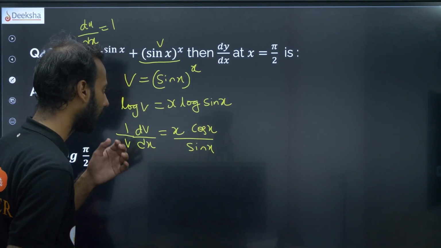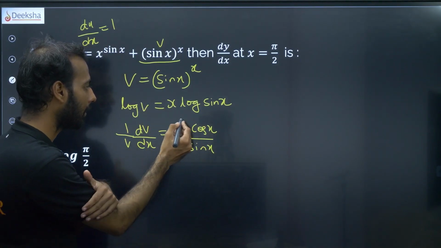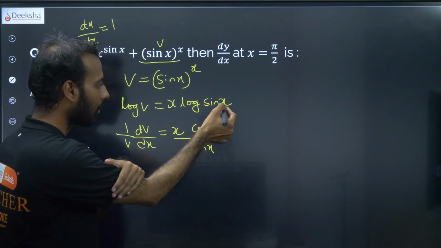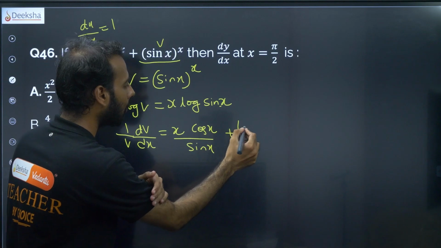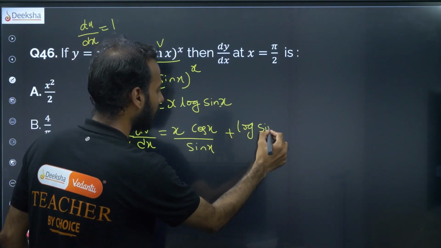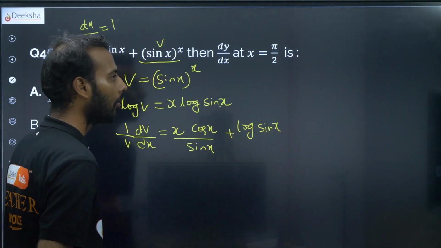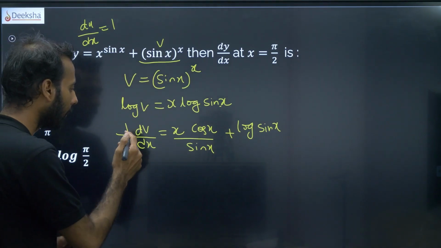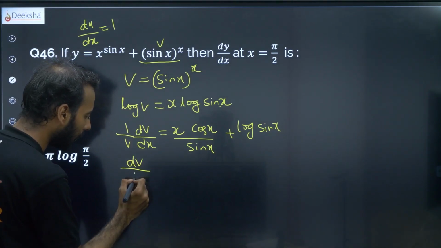I hope everyone is aware of the formula. First function as it is, differentiation of log is 1 by x, so 1 by sin x, differentiation of sin x is cos x. Next, log sin x as it is, differentiation of x is 1. Please remember all the differentiation and integral formulas. With the help of that only we are solving these problems.